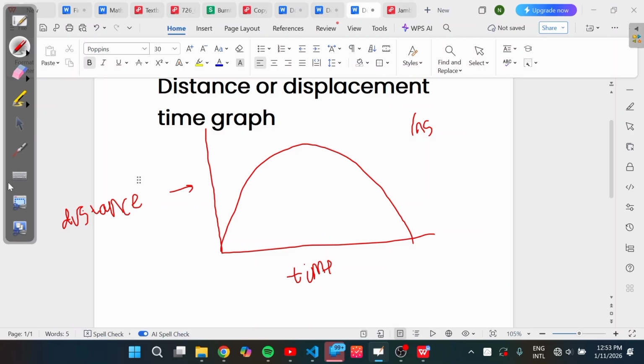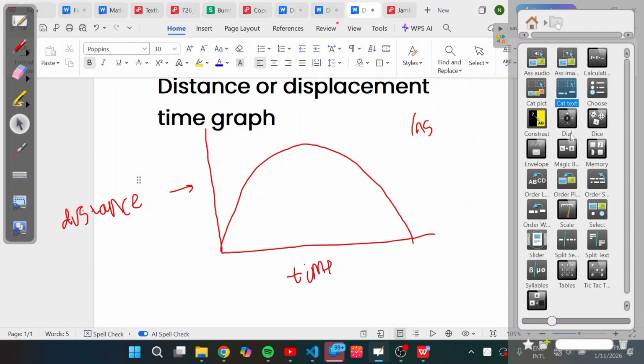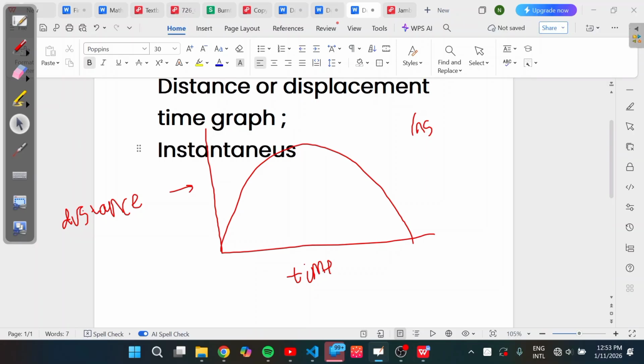It's just the velocity at any instant of time.